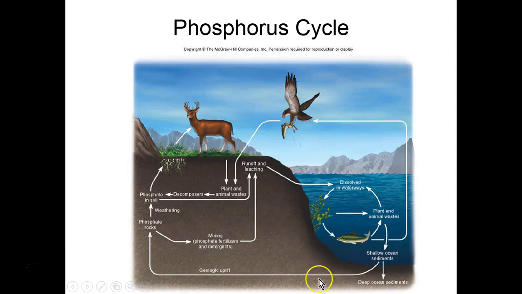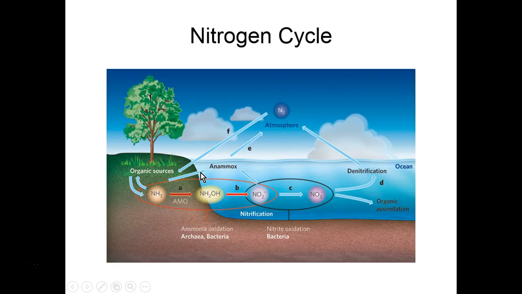Of course, you can also have it coming from uplift when you have convergent zones, and some of it gets put into the sediment, and it gets brought back up by way of autotrophic organisms on land.